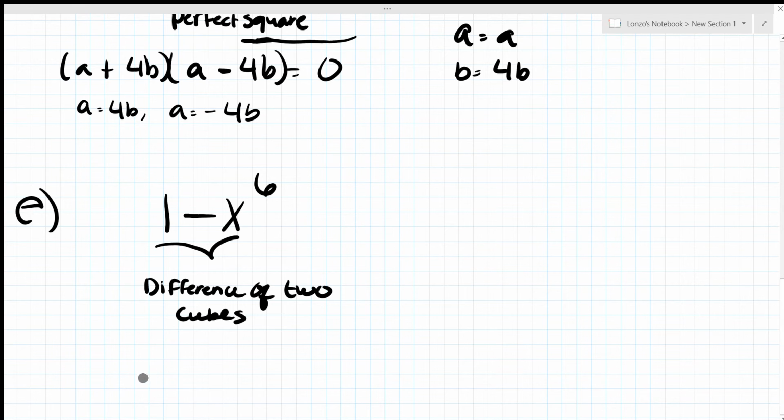The difference of two cubes rule is: a cubed minus b cubed equals a minus b, times a squared plus ab plus b squared.